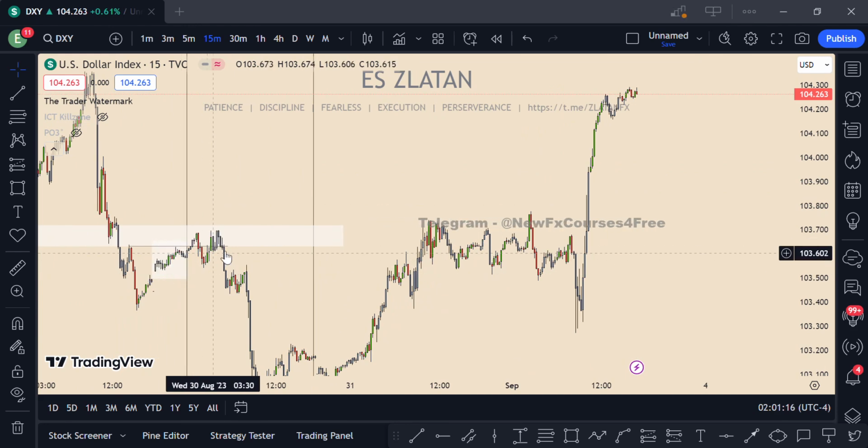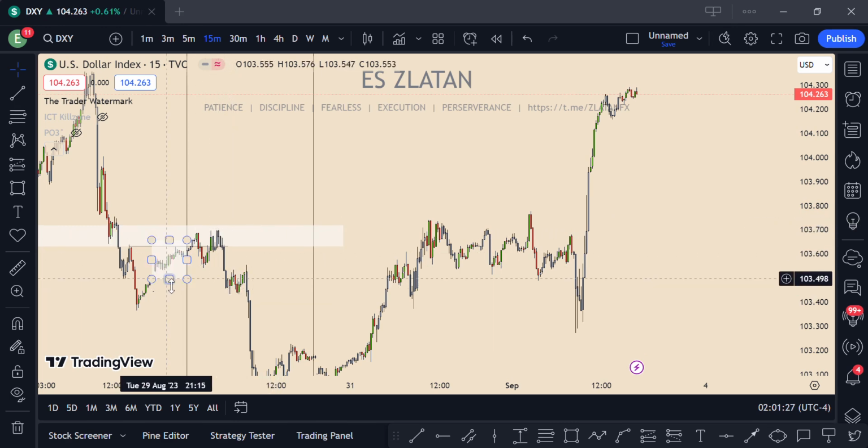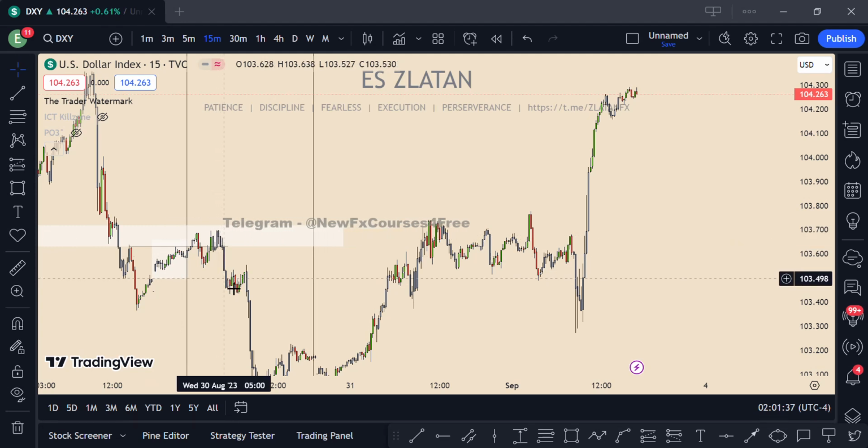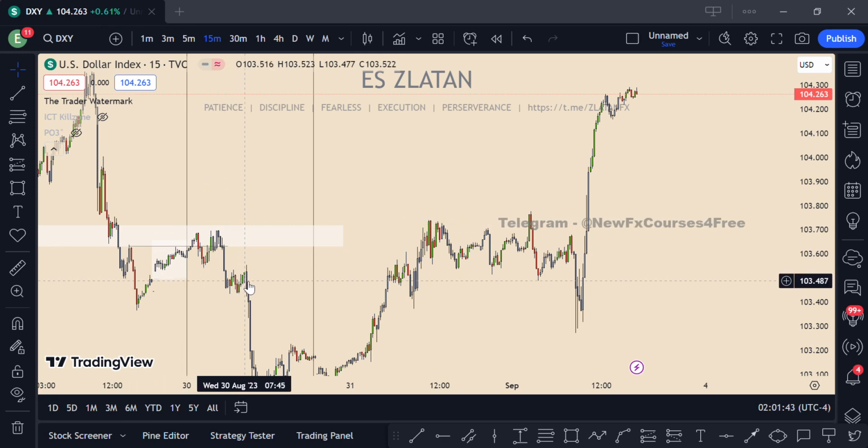Into that, we created the high of the day at 4 a.m., right? And we flushed down into the low of this range, which I said can be your model. Only from this to this is enough for you, right? And then we took it out, we accumulated again ahead of New York.